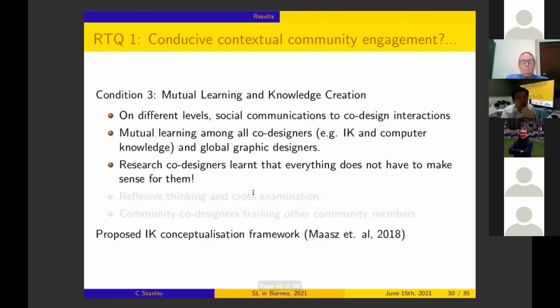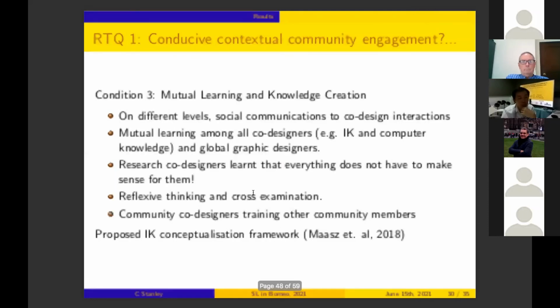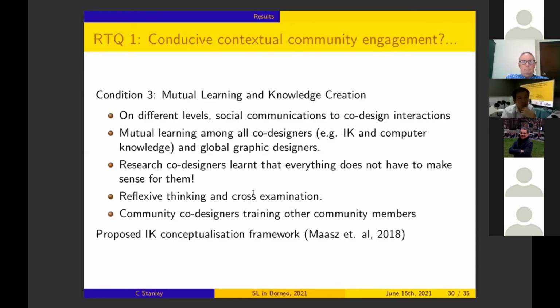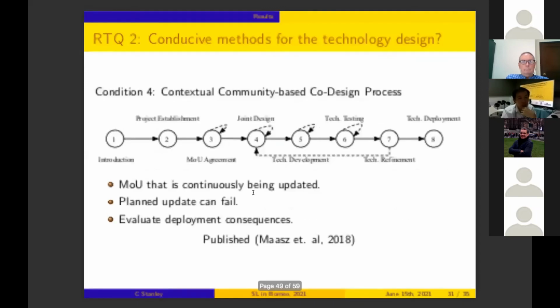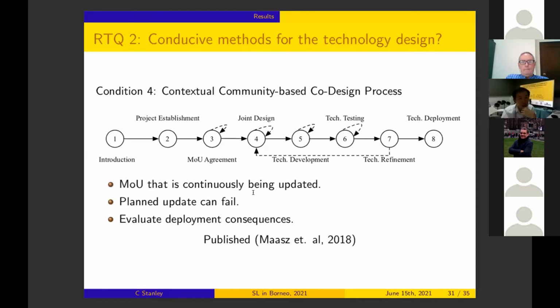And so on mutual learning and knowledge creation, learn that everything does not have to make sense for us. That was something that I really needed to relearn. It's like reflexive thinking and cross-examination. This is what really came out from us. And also very important, we devised this process.